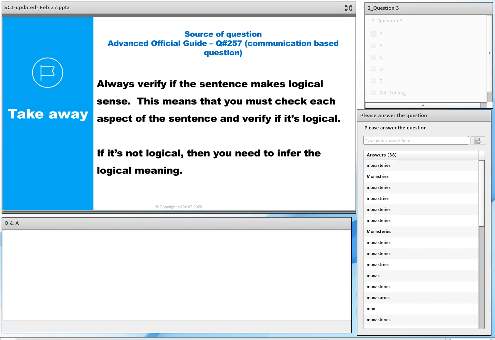We can now look at the grammar part of it to make sure that the logic is conveyed through the right grammar. But if the sentence does not make sense, then we tell ourselves, let me dig deeper into the sentence and try to figure out how I can shift the information or change the information to extract the correct meaning.